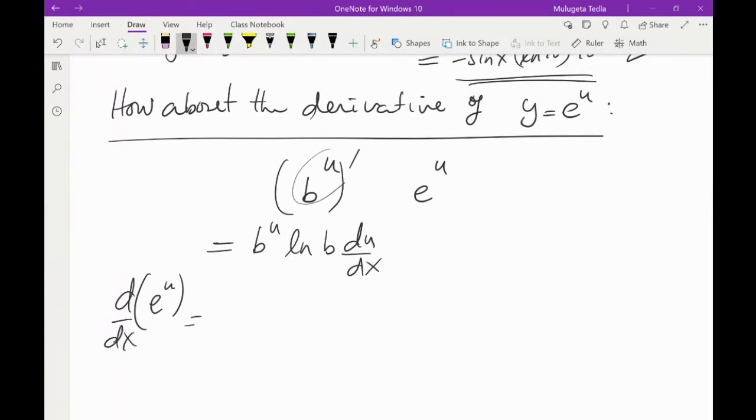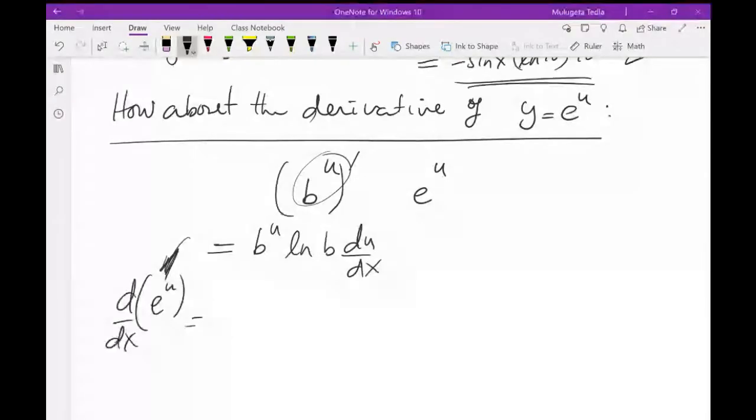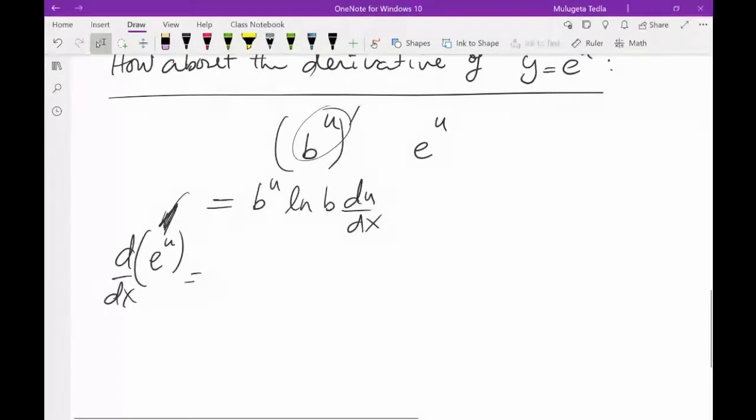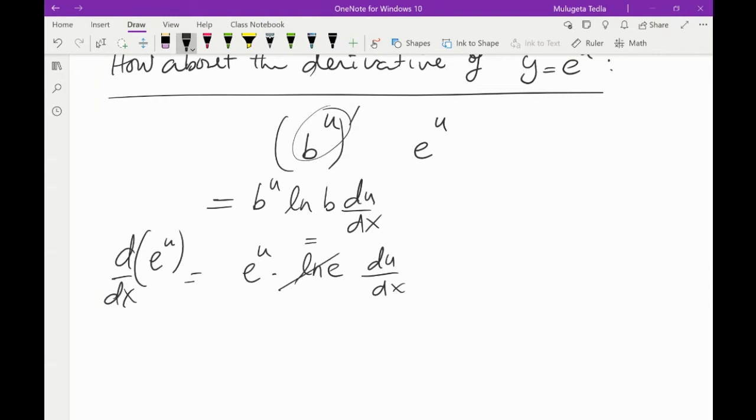What is the difference between this and this? It has a base e. So whenever there is b, replace it by e. So e to the u, repeat itself, times ln of e, du by dx. But ln e, as we suggested, is 1. Exactly. Ln e is simply log of e to base e.